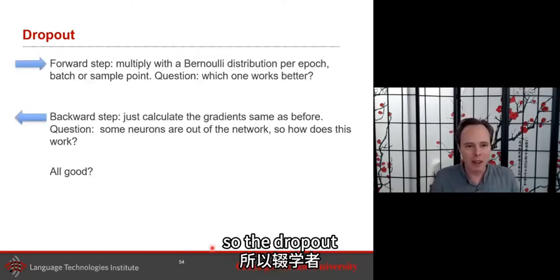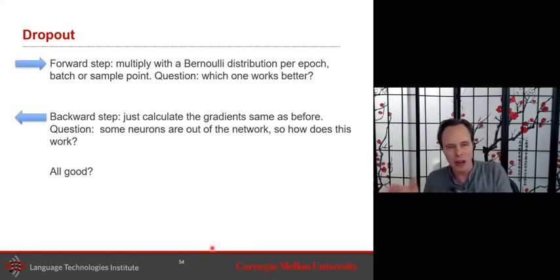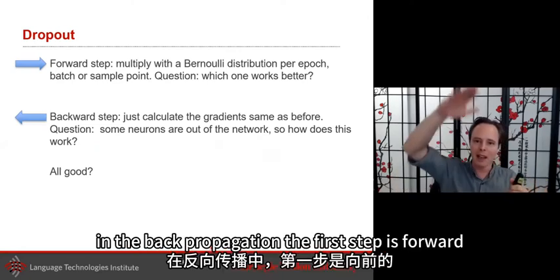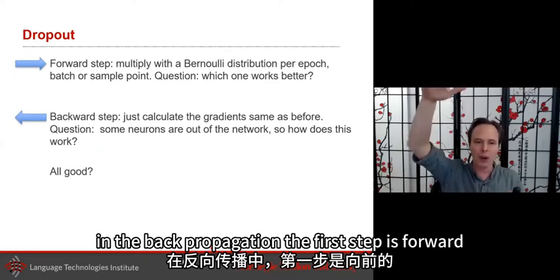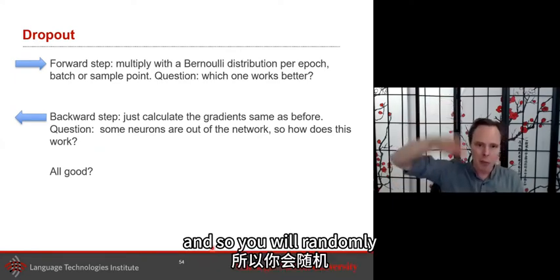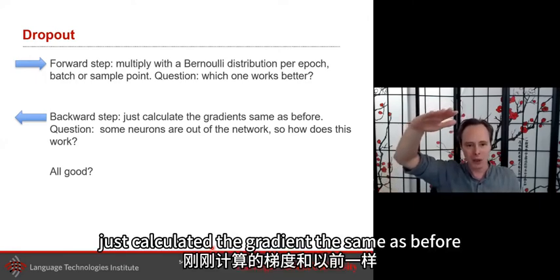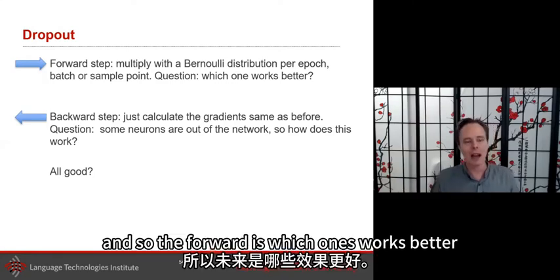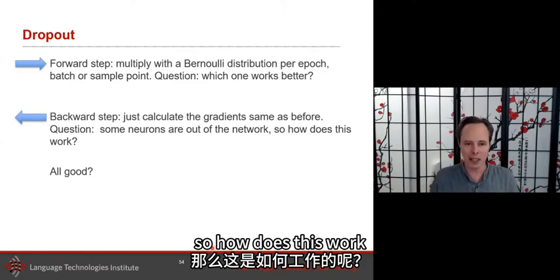So in dropout, the forward step is that you multiply with the Bernoulli distribution. If you remember, in backpropagation the first step is forward, and then the backward step just calculates the gradient the same as before. But some neurons are out of the network, so how does this work?